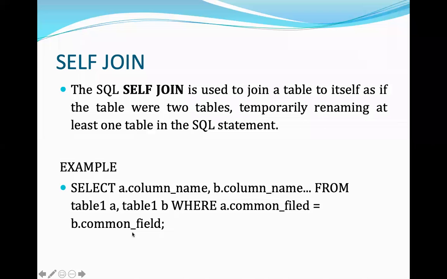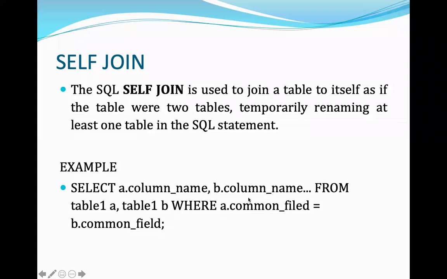Now here, if you see the statement, select A dot column name, B dot column name from table 1 with an alias A, and table 1 again with an alias B. So we have created two instances of table 1, one called A and another called B. And we have taken A dot common column equal to B dot common column.